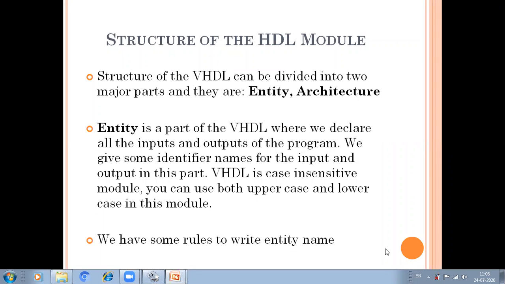So again, I repeat, the entity: a digital system in VHDL consists of a design entity that contains other entities, or components, of the top-level entity.